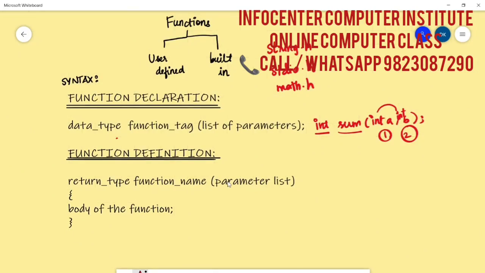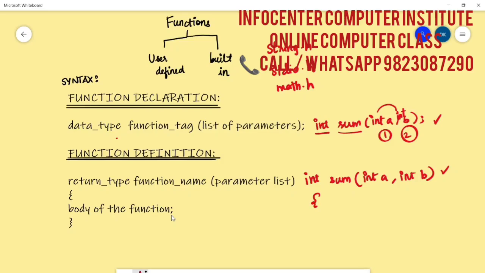So for example, this is the syntax: return type followed by function name and parameter list, and then inside the curly braces we give the body of the function. For example, int sum of int a, int b. If this is your function declaration, this will be your function definition.